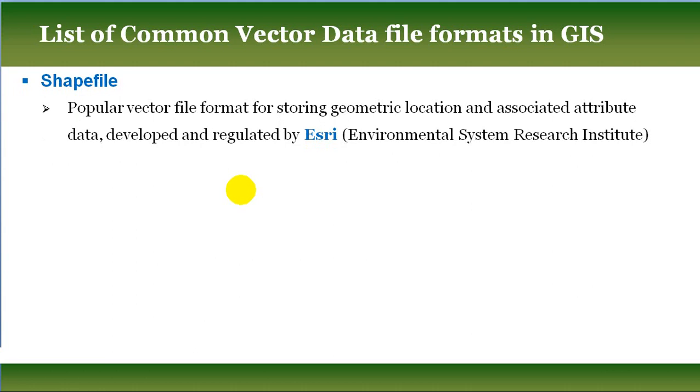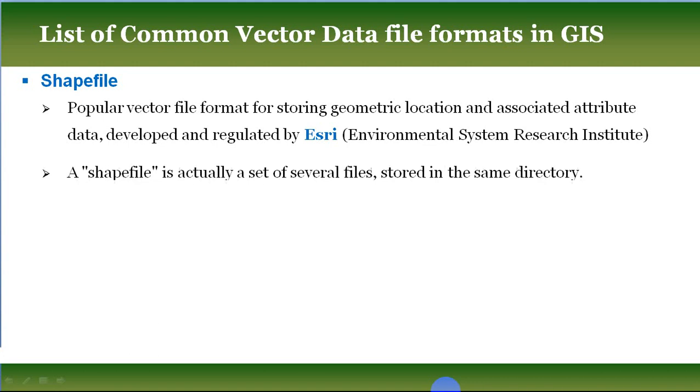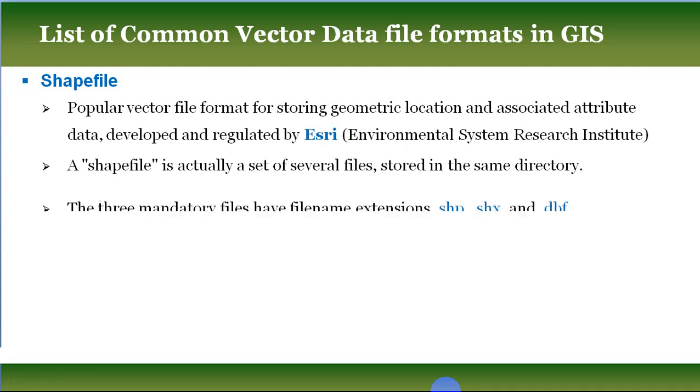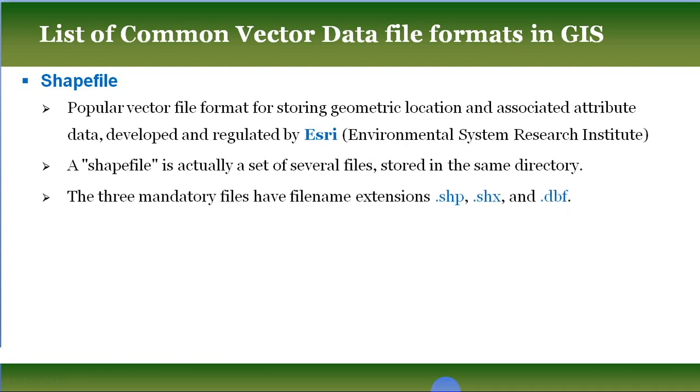It is a popular vector file format for storing geometrical location and associated attribute data, provided by Esri. Very popular. A shapefile is actually a set of several files stored in the same folder. The three mandatory files are .shp, .shx and .dbf.